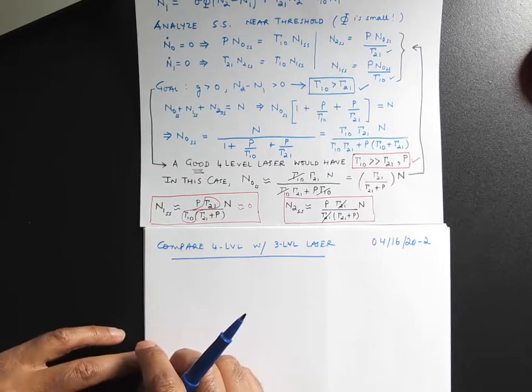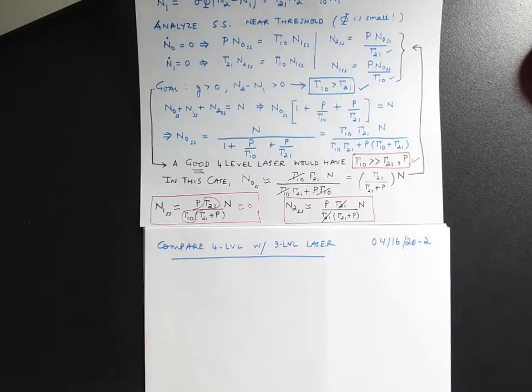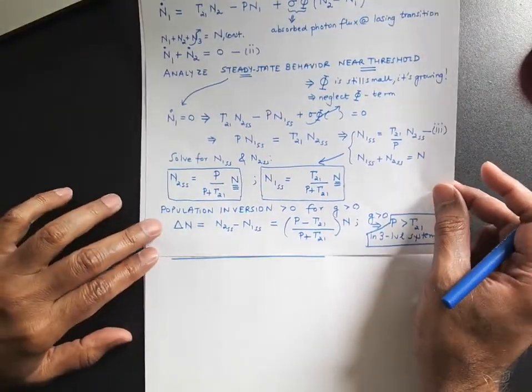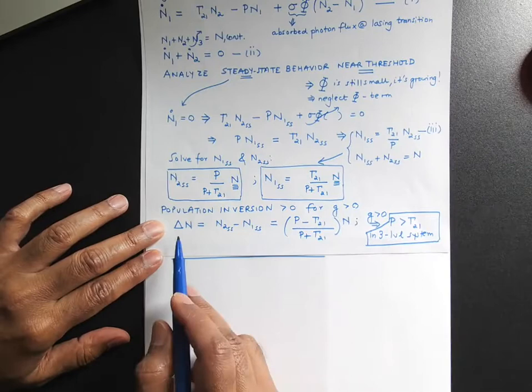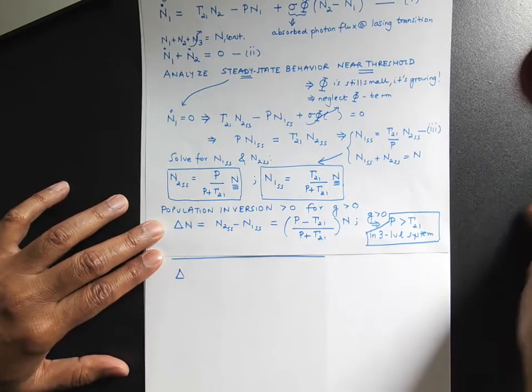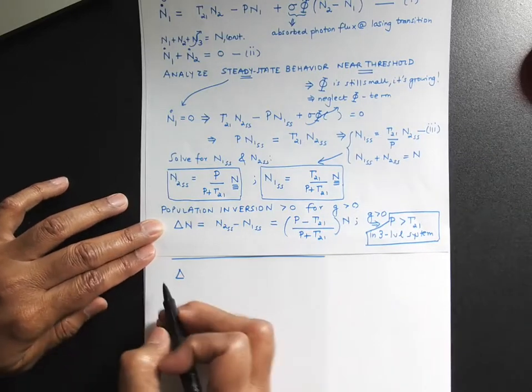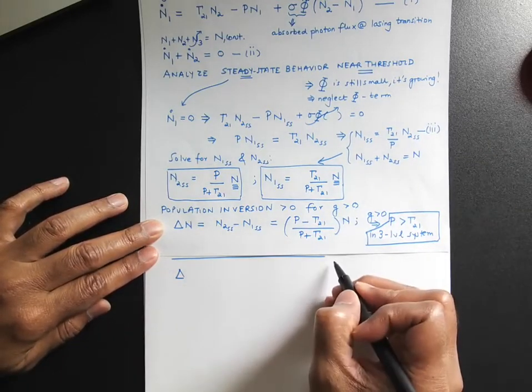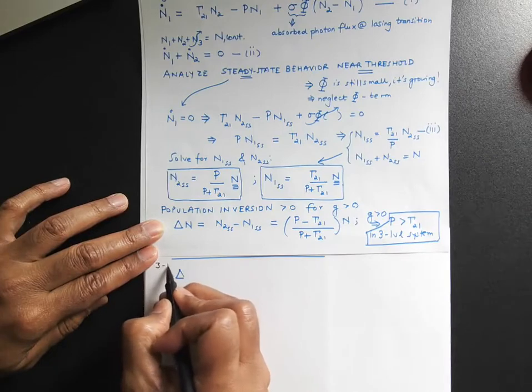And let's remind ourselves what the 3-level thing was. Before I stick in numbers, for the 3-level laser, I had this relation for the delta n. So let me write it down here. 3-level.